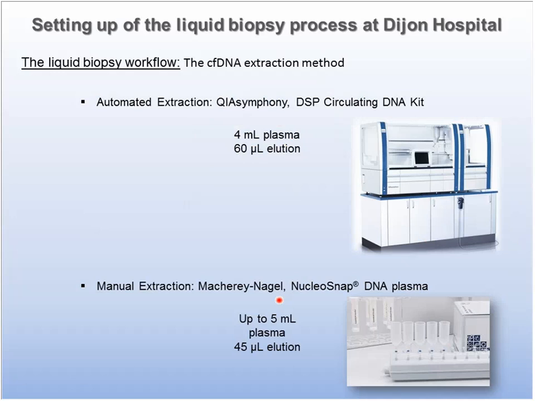And we use this method when the quantity of plasma is not sufficient, and for some other fluids, like CSF, urine. We can extract up to 5 ml of plasma, and the elution is in 45 microliters. And also, this extraction method is our backup extraction method.